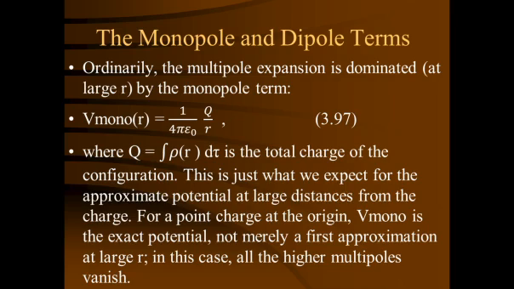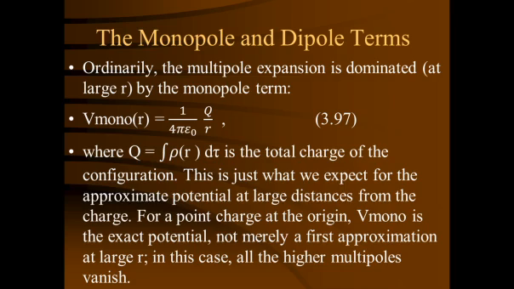The dipole also contributes, but it is proportional to 1 upon r square. The quadrupole is proportional to 1 upon r cube, and the octupole and higher terms are proportional to 1 upon r raised to 4, 1 upon r raised to 5, and so on. That means the contribution of the higher multipoles dies off more rapidly compared to the monopole, and hence at a large distance, the monopole term is the only dominant term.